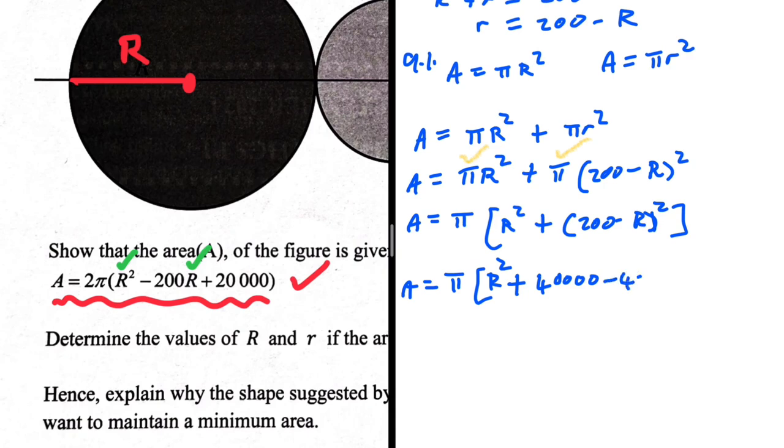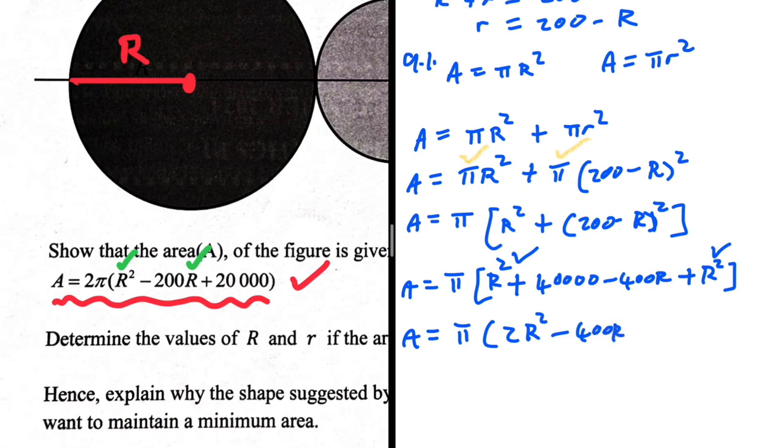You multiply that by 2, you get minus 400R, plus minus R multiplied by minus R, that will be R squared. So take a look. The area will be equal to pi times R squared plus R squared will give us 2R squared, and then minus 400R plus 40,000.